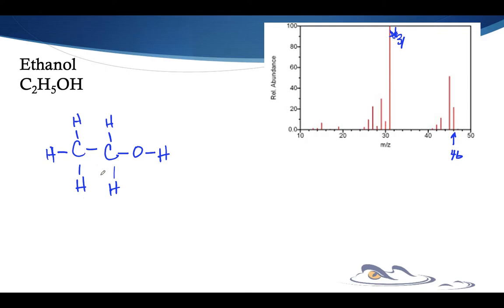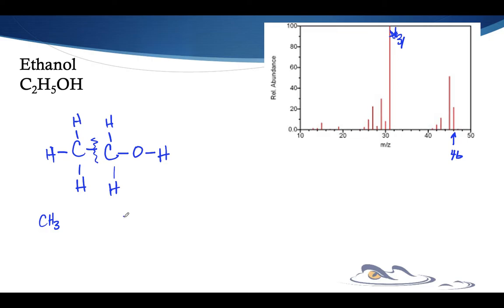So I'm going to look at different ways I could break this molecule up into pieces. So let's consider breaking the molecule up right here. Let's say that that bond right there broke up. And so what would we have? If that broke up, I would have two pieces. I would have this CH3 piece, right?